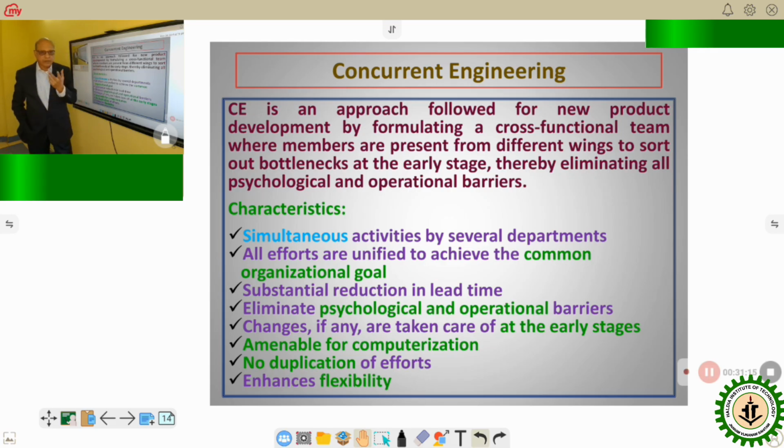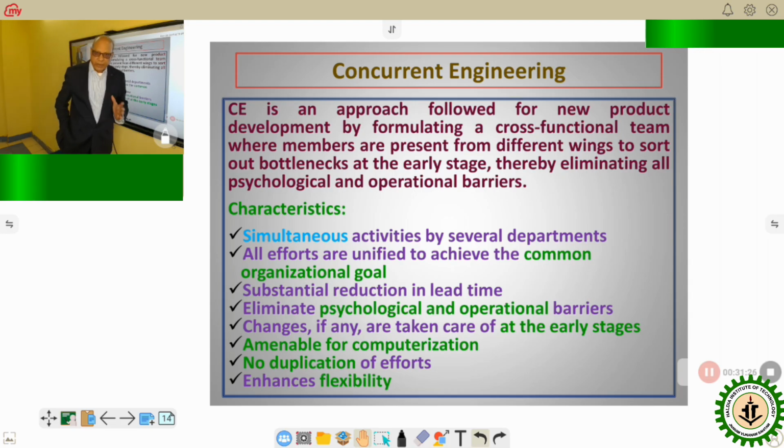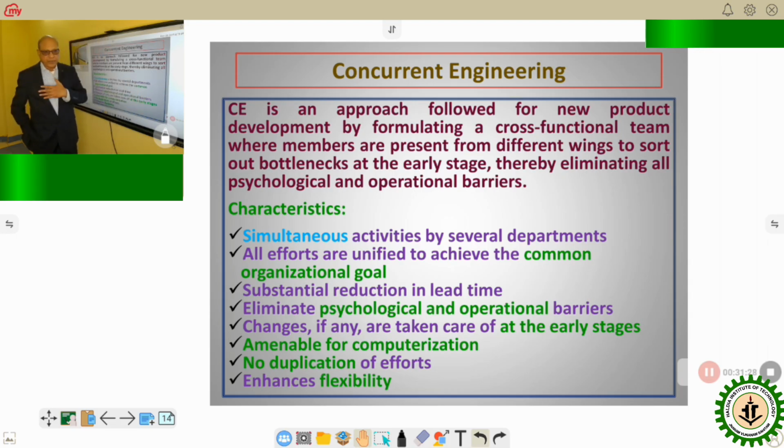Psychological means, just consider the two departments, design and production. Design people, particularly in the CAD environment, usually have what we call a white collar job. That means they have their AC room, they have very sophisticated computers. So they are working live, and their duration, their leave, these are much more favorable. But in production, the condition is not that sophisticated.